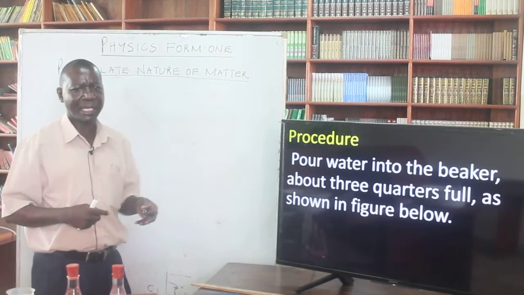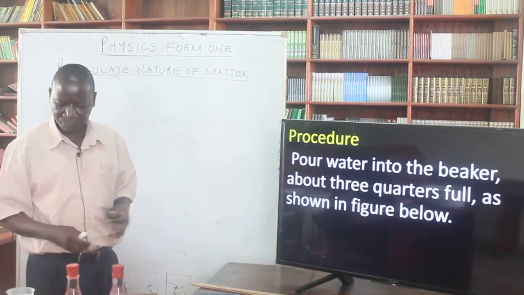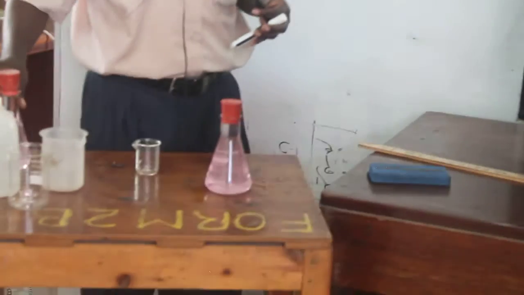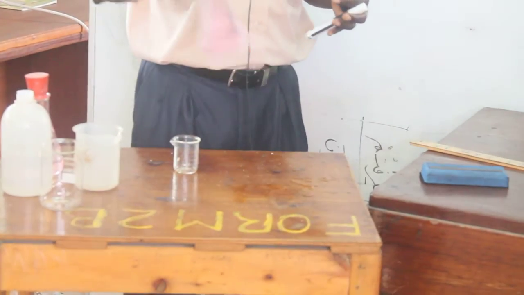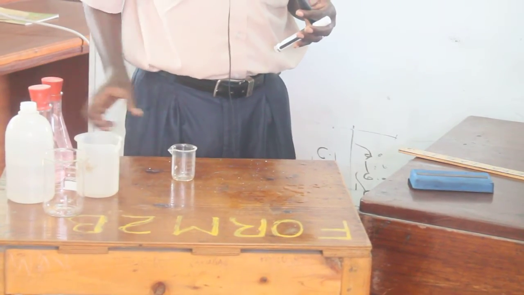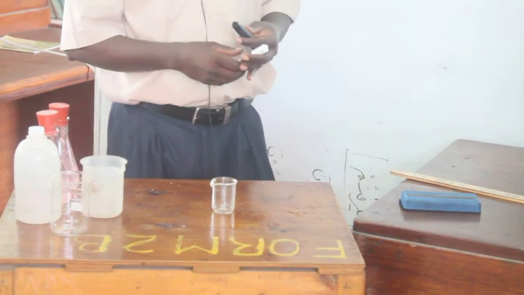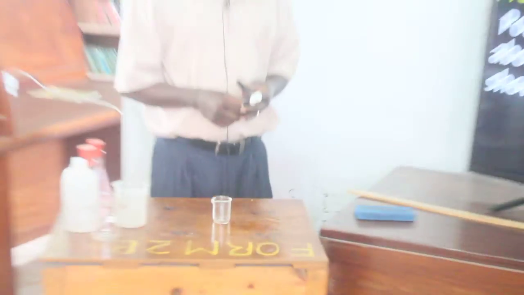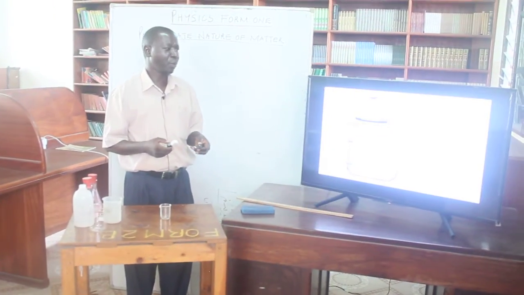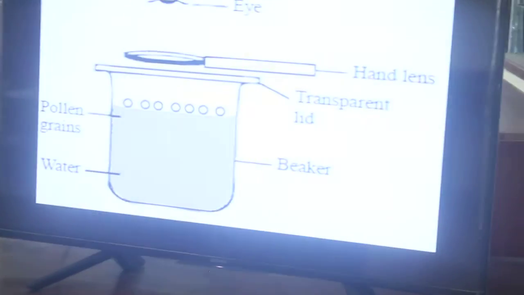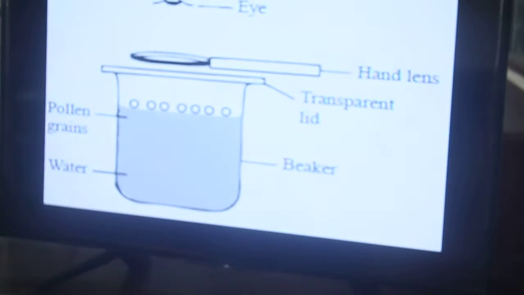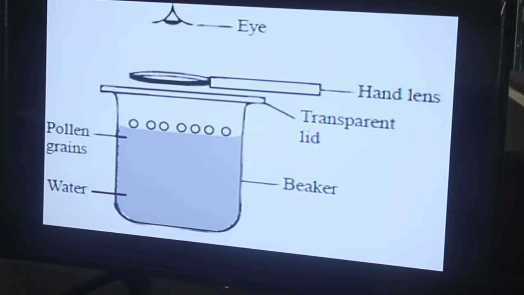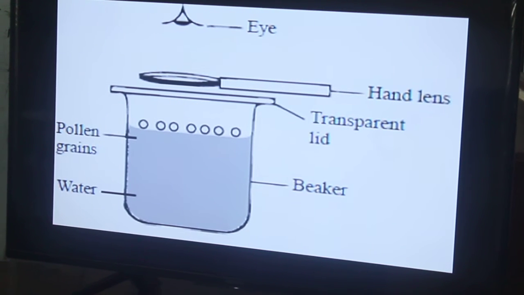The procedure here is that we are going to pour some water in a beaker, about 3/4 full, a level which is not completely filling the beaker.